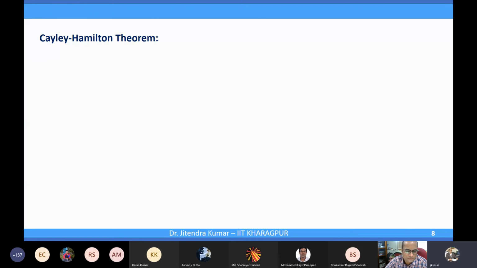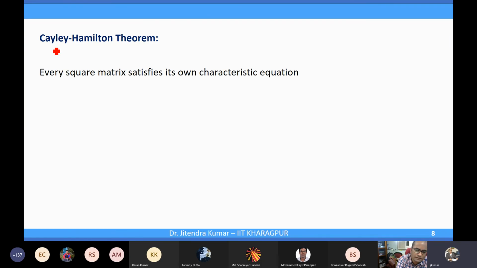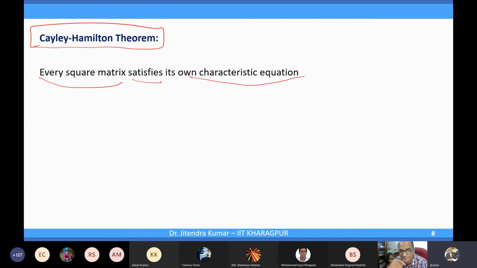Here is another very simple small result, which we will not prove in detail. There is a very well-known theorem in linear algebra called the Cayley-Hamilton theorem, which says every square matrix satisfies its own characteristic equation. That's a very good result.